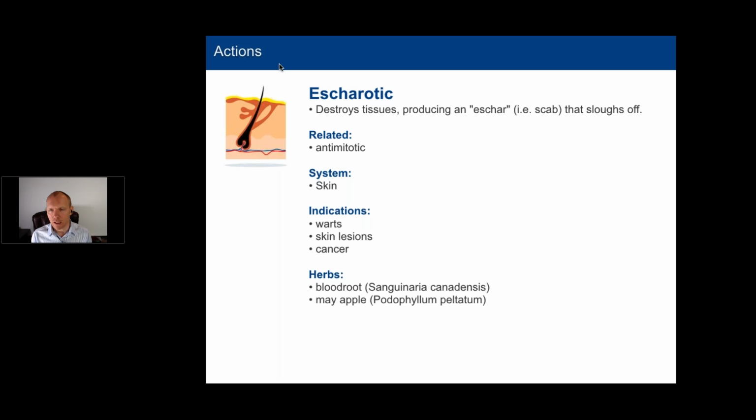Where we use Escharotic herbs is primarily for burning off, like as a herbal burn to kill warts or other lesions that aren't desirable. They've been used historically for different types of cancer, like skin cancer or even breast cancer. Personally, if I had some lesion that I wanted to remove, like a type of skin cancer, I would want a dermatologist to look after that.